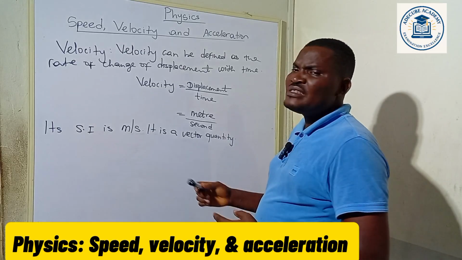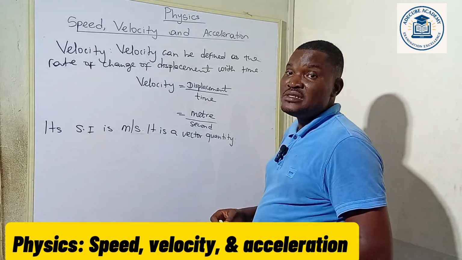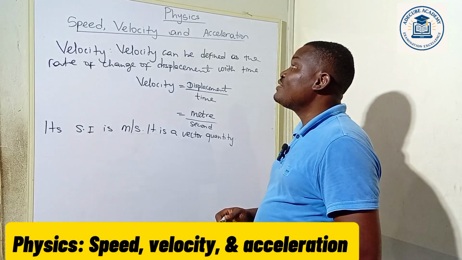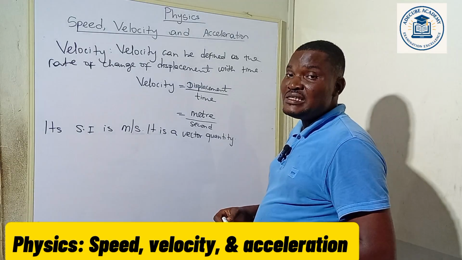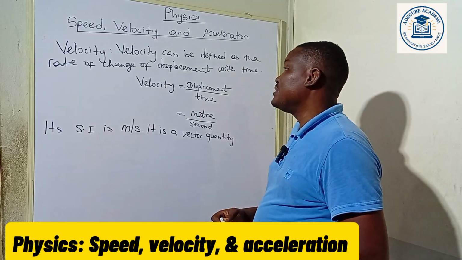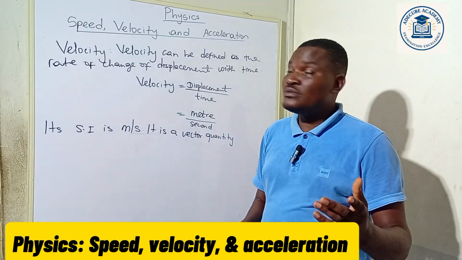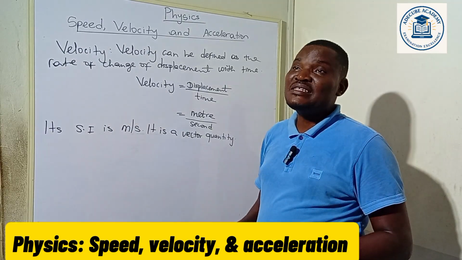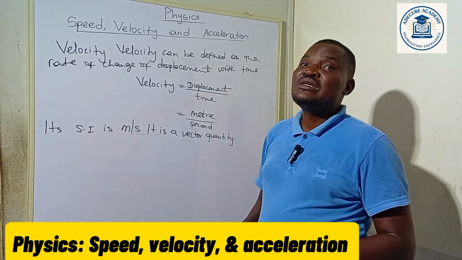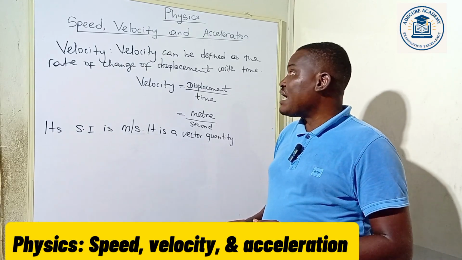You can see that velocity has the same unit as speed. The difference is that velocity is a vector quantity, meaning it has a specified direction, while speed is a scalar quantity, meaning it has only magnitude but no specified direction.